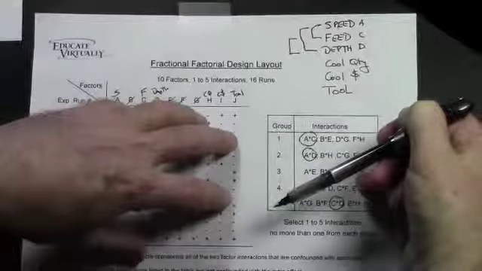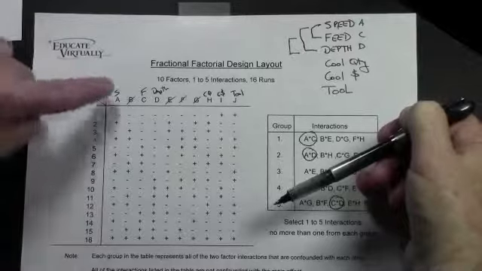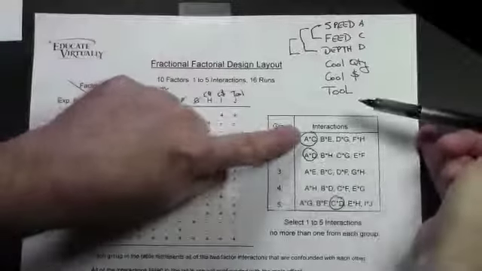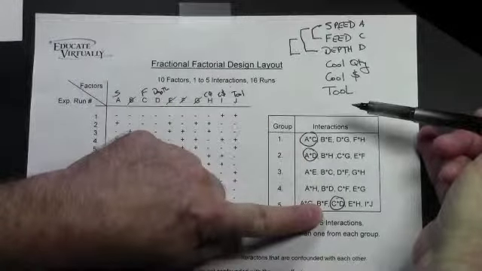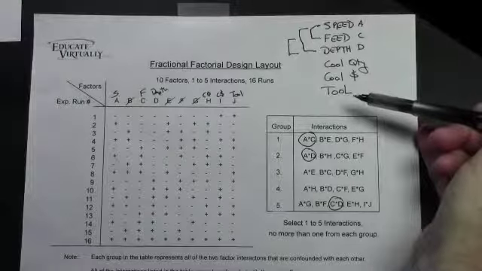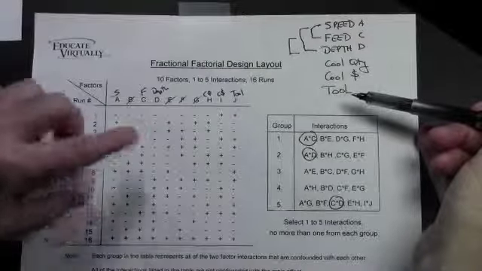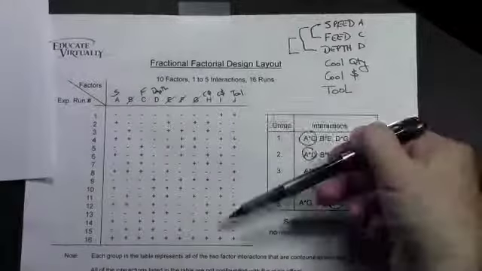So it's going to come out in this order, but now we know where we're going to put the factors, and we know the interactions that we're going to be studying. So now we're ready to put this into Minitab and then design it.